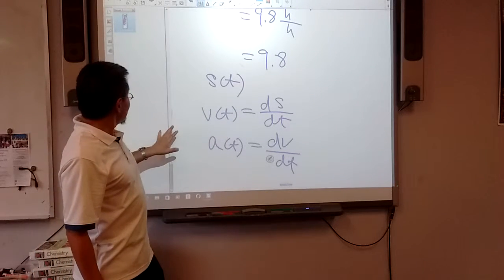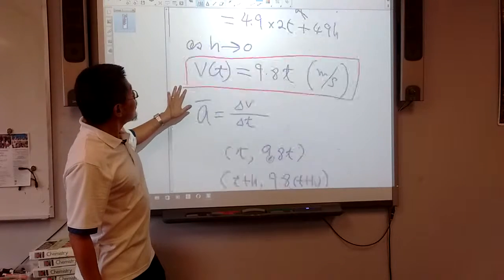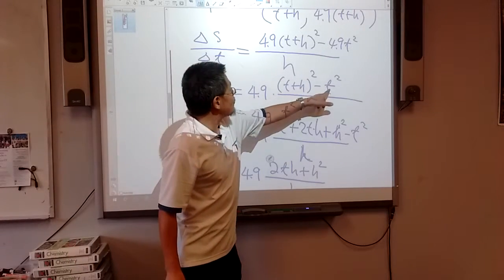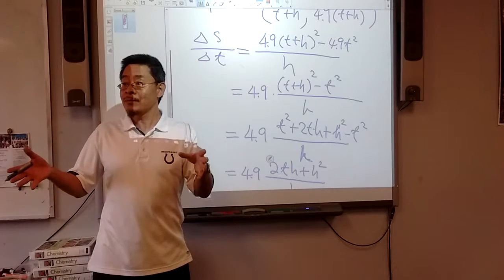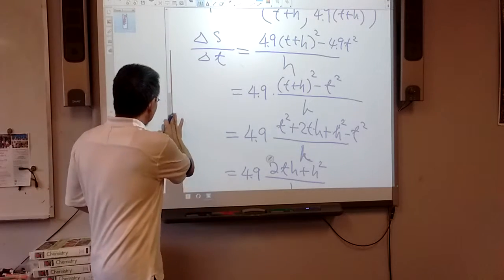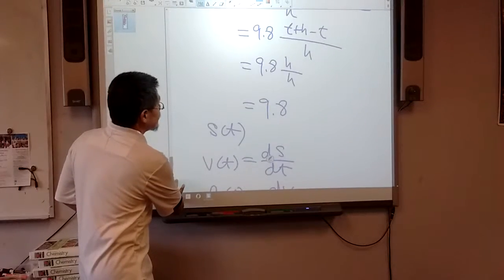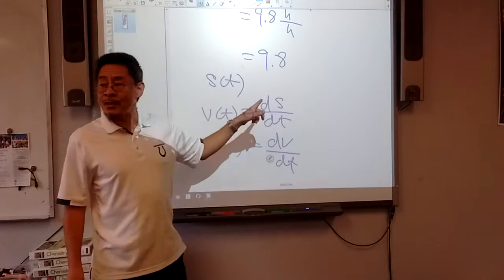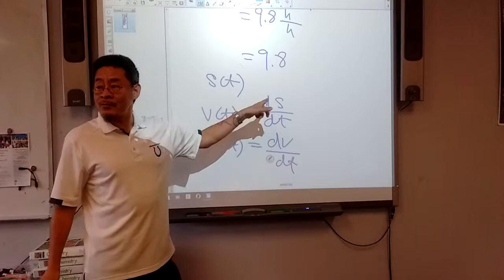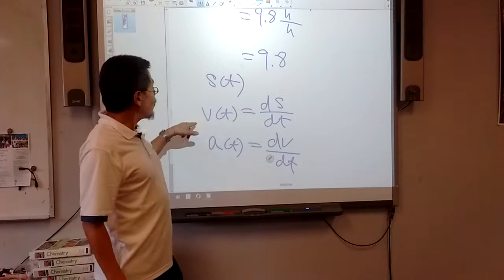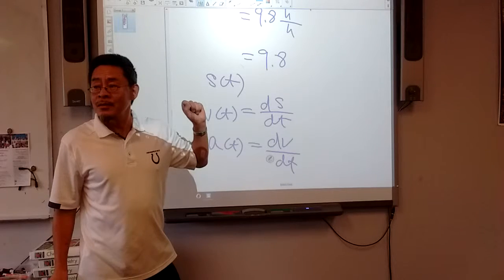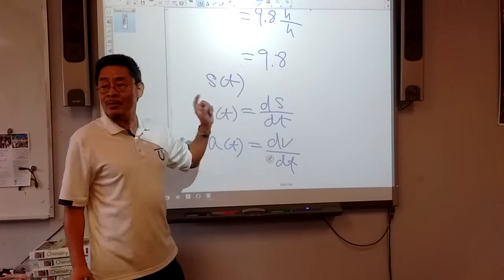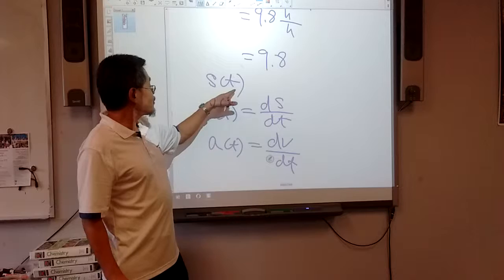Whatever we have here, you see those t plus h minus t, right? That's how we find the slope. So that's called the derivative. And notice here, we can measure s of t. Can we measure v of t? We cannot directly measure it. It's based on this function.